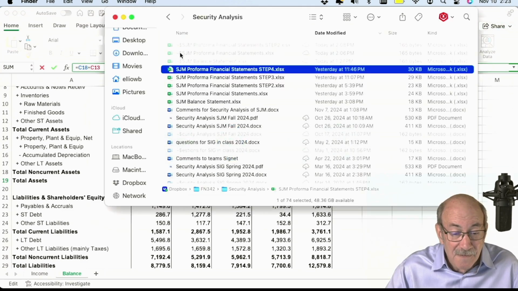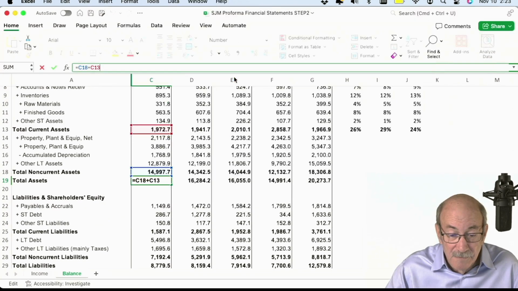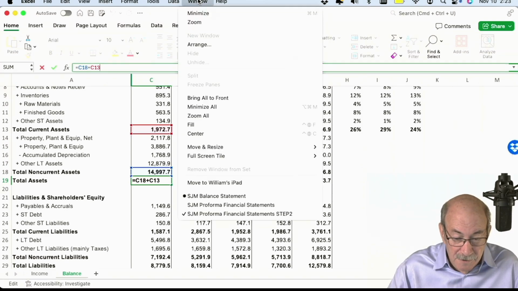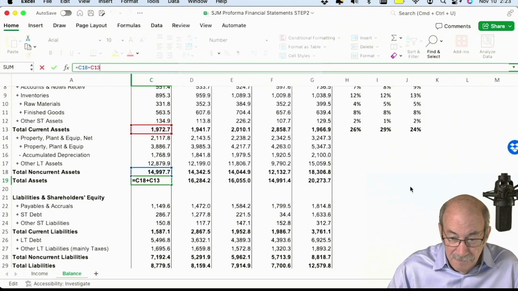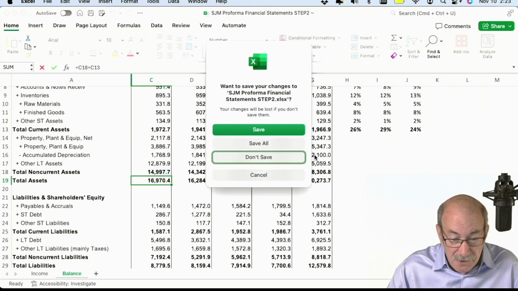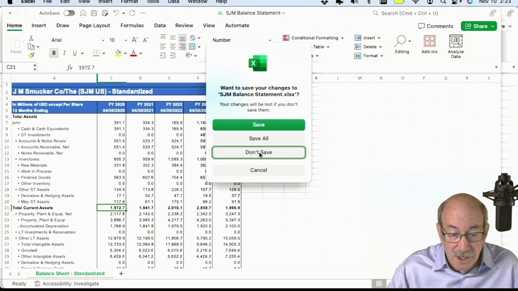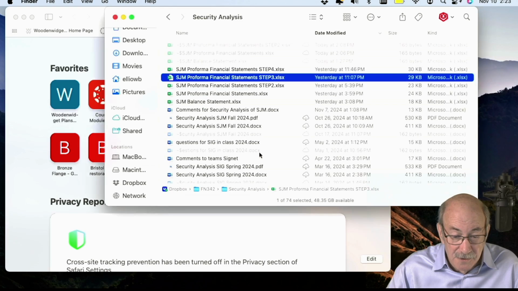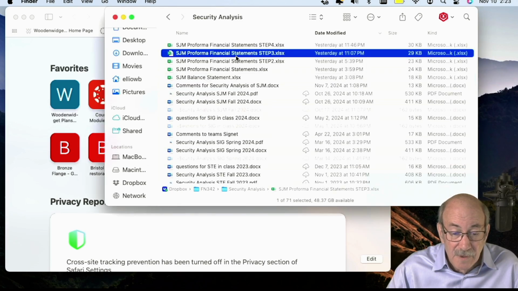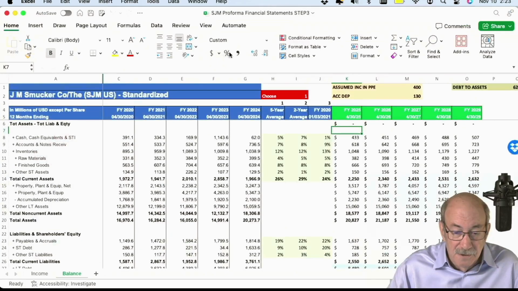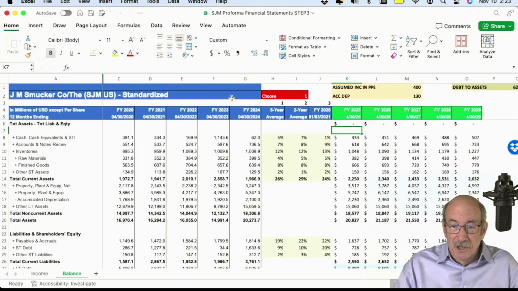I did it right. Let me try it from here. That is very strange. Let me try just rebooting or starting Excel. I won't reboot because that'll cut us off here. And let's see, don't save. All right, let's try this and see. There we go. All right, now we're talking.